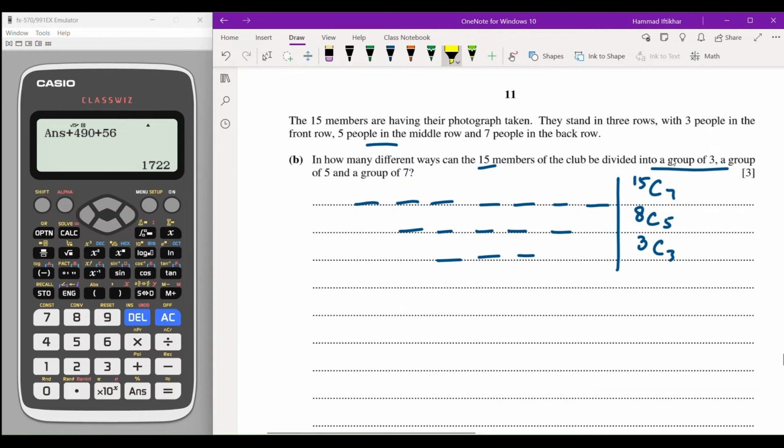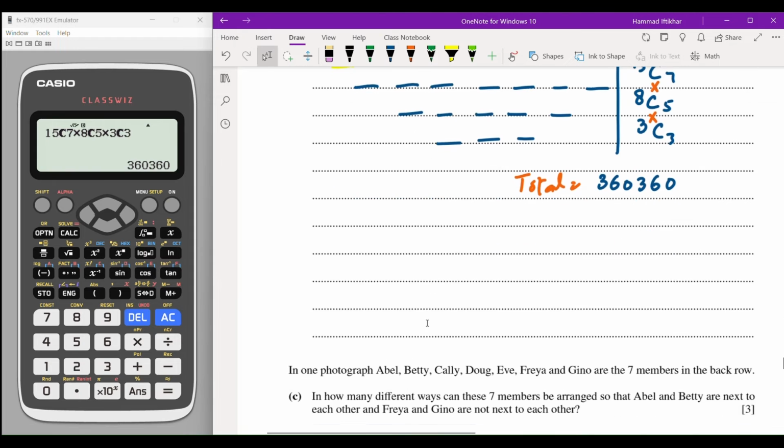Since there's the keyword 'and' over here, we need them all at the same time, so we need to multiply them together. So 15C7 times 8C5 times 3C3, and that is equal to 360,360.